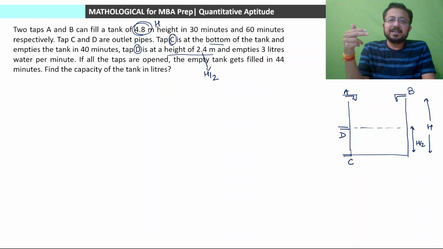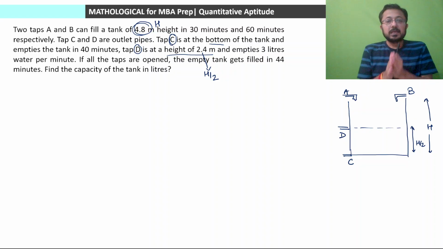Because tap D will only start leaking or outletting water when the water is filled up to that height. जब तक हमारा water will be lesser than h by 2 height, lesser than 2.4 meter height, tap D will not be leaking water. क्योंकि water जब तक उसके level तक पहुंचेगा ही नहीं, तब तक water will not be letting out. Isn't it so? So that is why tap C will be working from the start because that is at the bottom, but tap D will only start working when half the tank is full. Is that much clear? क्या ये बात अप्रिशिएट कर पा रहे हो?